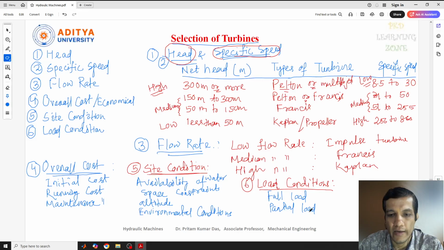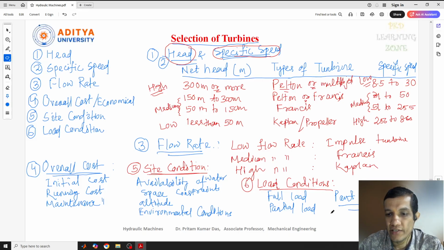So in the load conditions, a part load is always preferable, and it is economical also. It was identified that compared to the full load, like 100%, we need to always keep in mind where we can get the maximum efficiency.